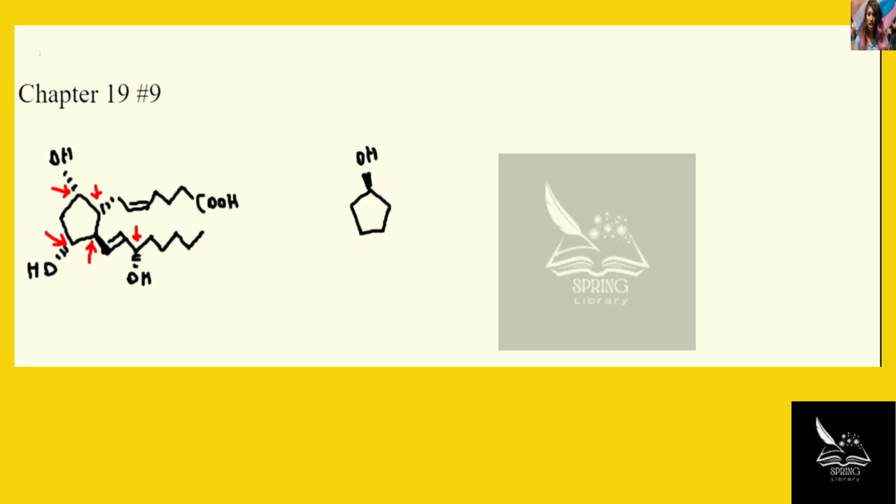So dashes become wedges, wedges become dashes, and we'll do that for every single one, and that's going to be our enantiomer. Okay, so there is the enantiomer of this molecule.